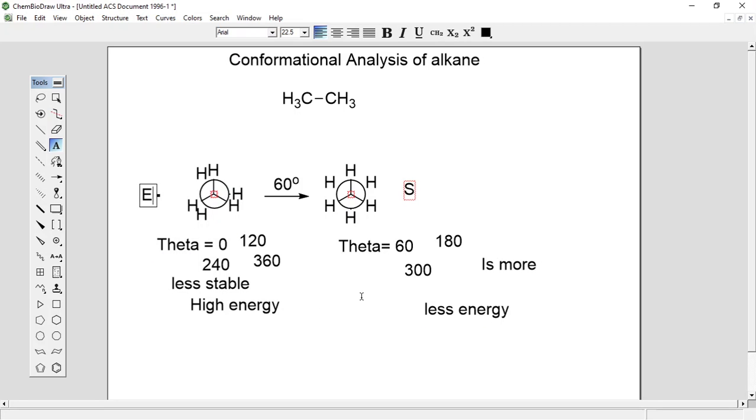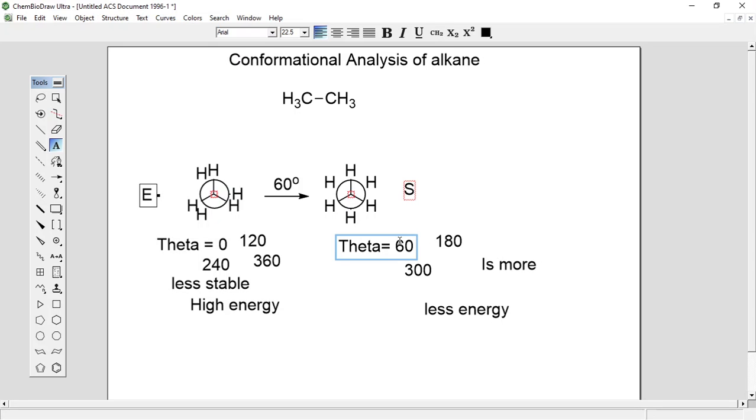So this staggered conformation, this second one, is more stable, and it is a less energy conformation, because there is no steric hindrance between the hydrogen present on first carbon and the hydrogen present on second carbon.